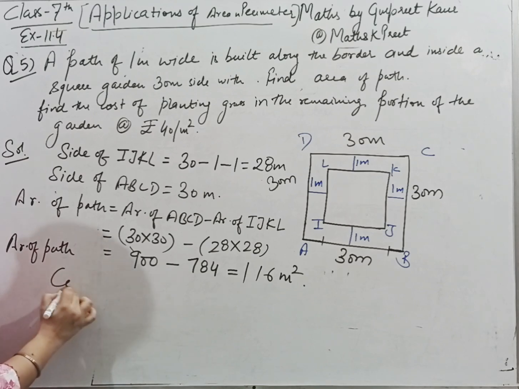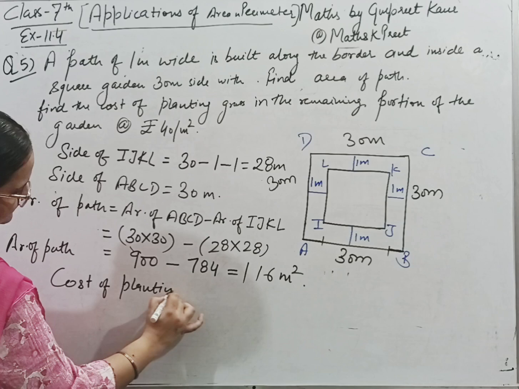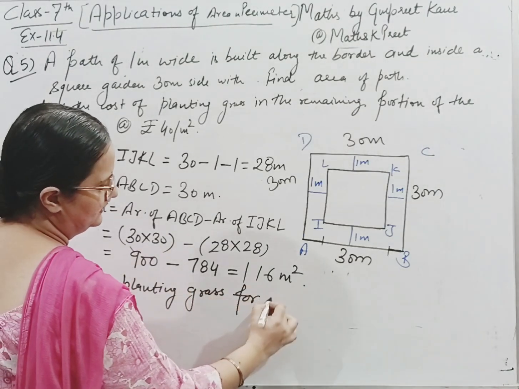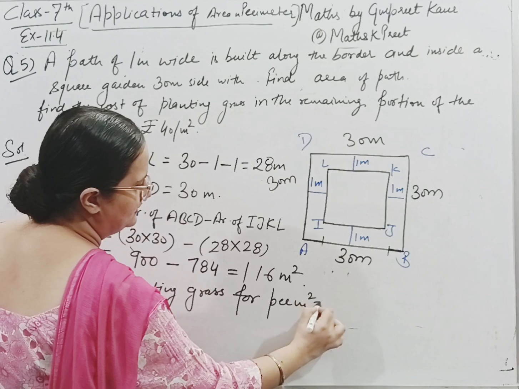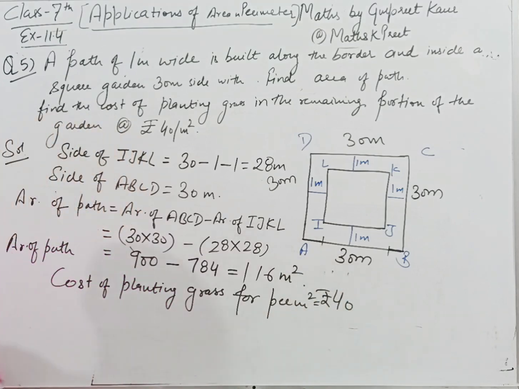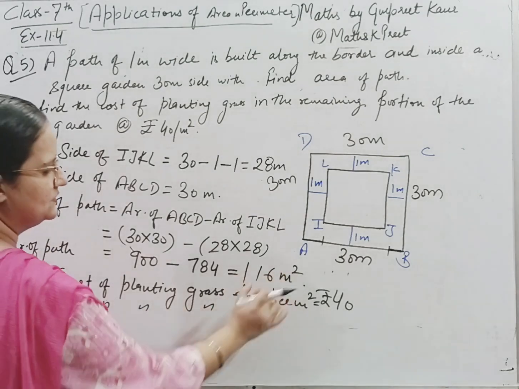We will write cost of planting grass per meter square is equal to rupees 40. This is given to us according to the question, and we have to find the cost of planting grass in this total area.